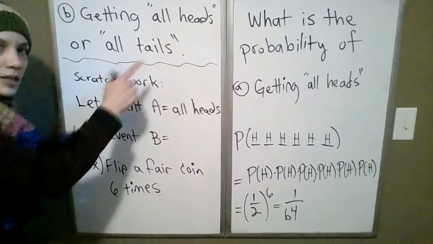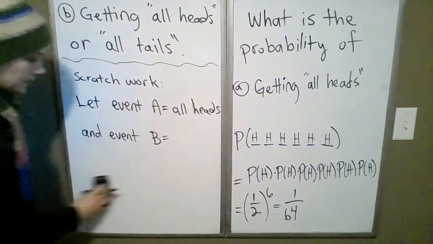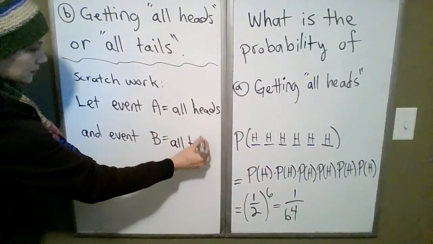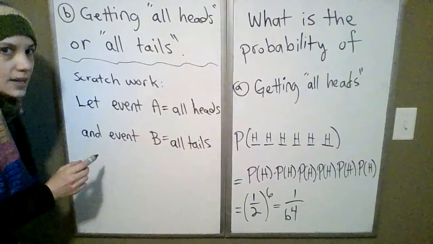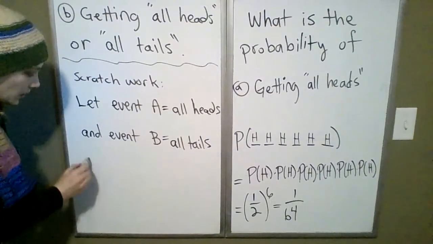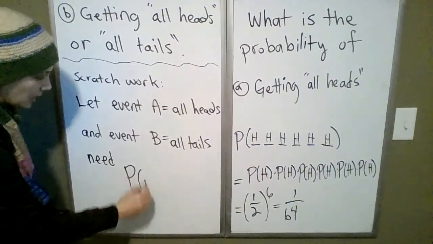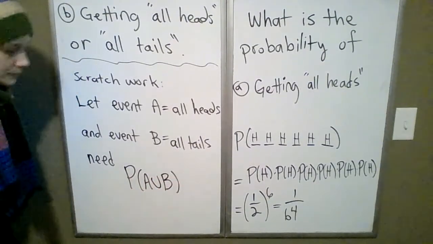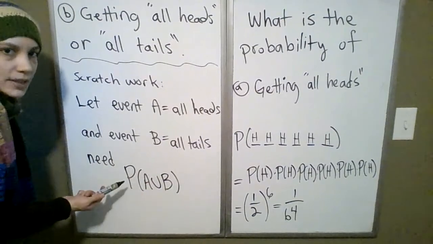And B is where you get all tails. And we're asked to get the probability of A or B. So we need the probability of A union B: all heads or all tails, and get the probability of that.